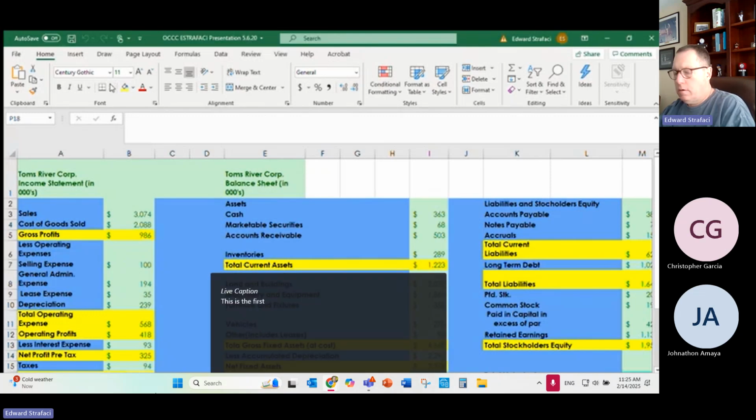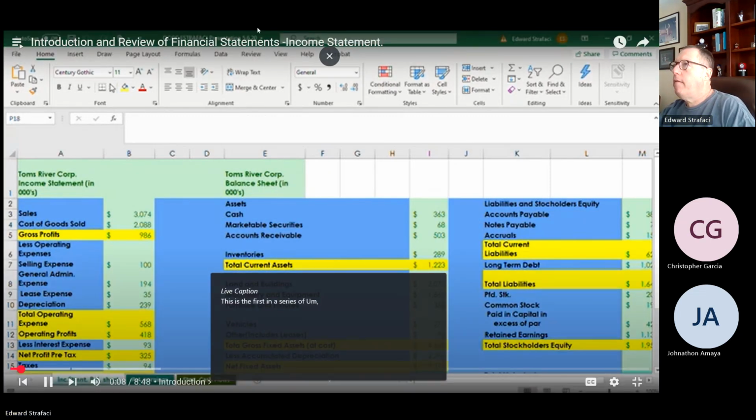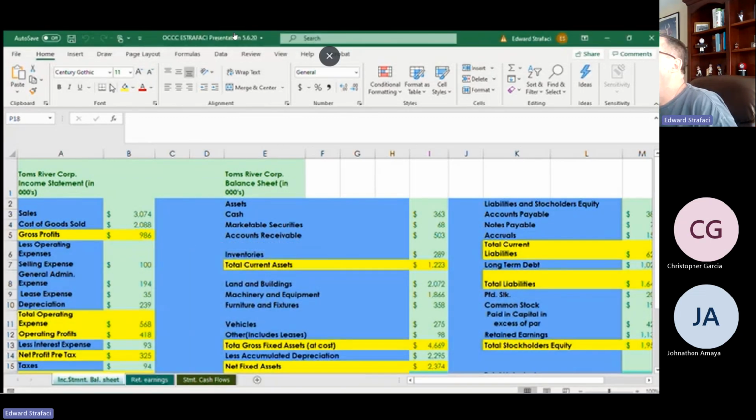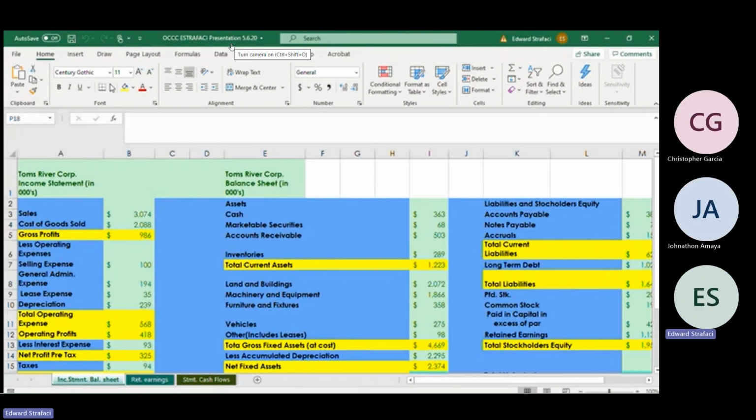This is the first in a series of reviews of the basic accounting theory. This kind of works with finance classes. It also is very helpful if you're an accounting major. Either way, it's really helpful.